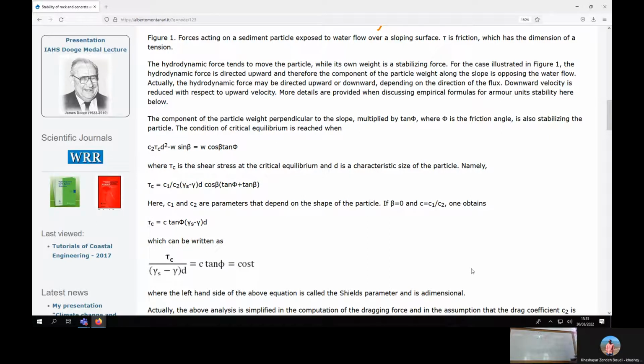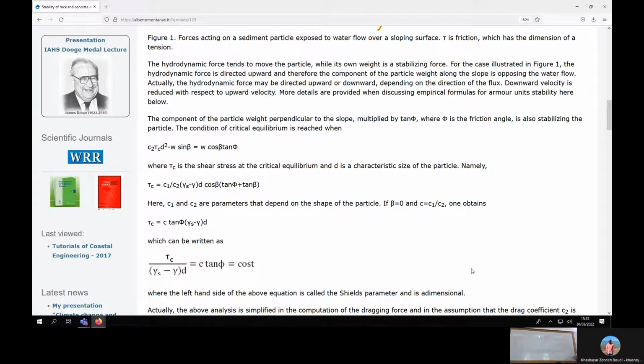Now, let's write here. We can write that, first of all, let's put C1 divided by C2 equals C. These are shape coefficients.